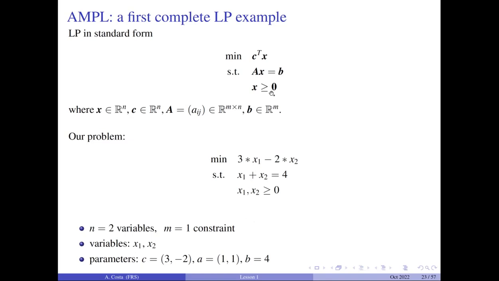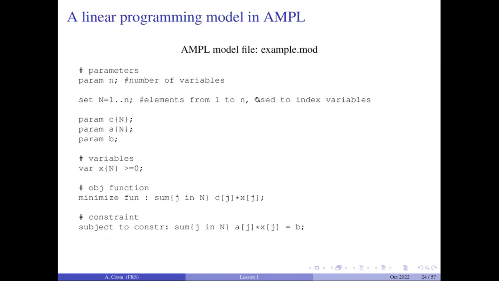And in this case, we just have a vector, we don't have a matrix, because we have only one constraint. So if you want, you can write it like this: A is 1, 1, and B is equal to 4. So again, if you compute the product 1, 1 times x1, x2, then you realize that AX equal to 4 is exactly this. Okay. How can we write this in AMPL?